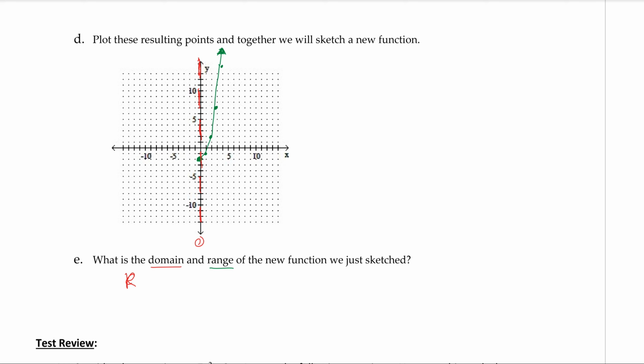So I know my domain is going to go from 0, and my graph goes on to positive infinity. Now my range, farthest point to the bottom, I know, starts here at negative 2 on my y-axis. So range is negative 2, and it also goes up to positive infinity.